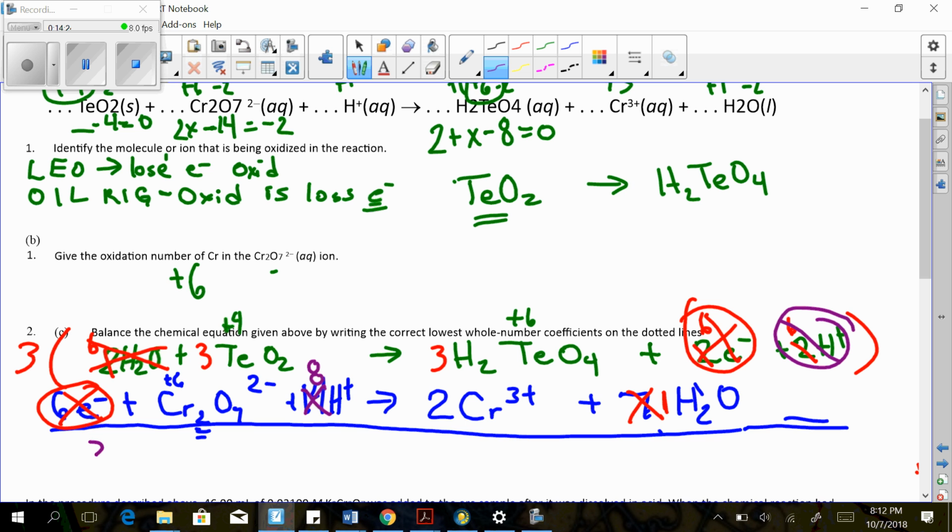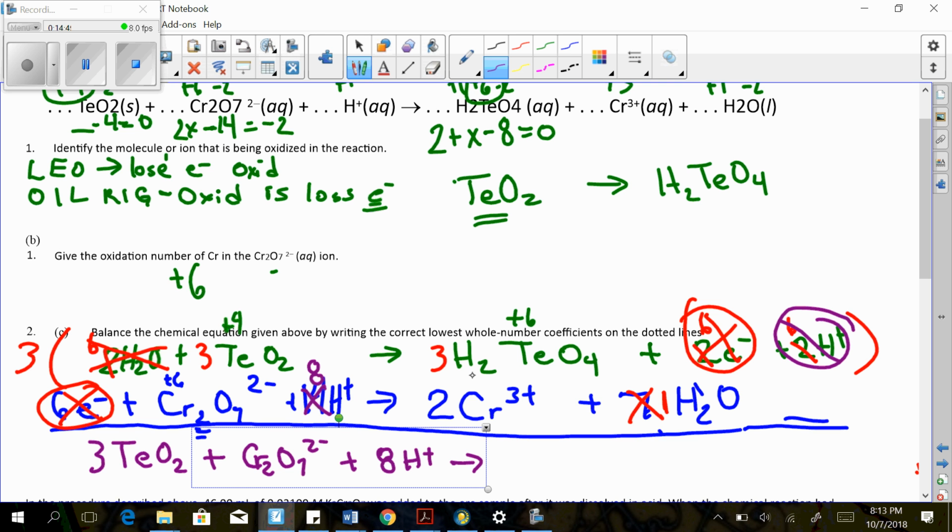I have 3 TeO2, my tellurite. I have my dichromate, forgot my R, Cr2O7, that has a -2 charge. And then I have also 8 H pluses.